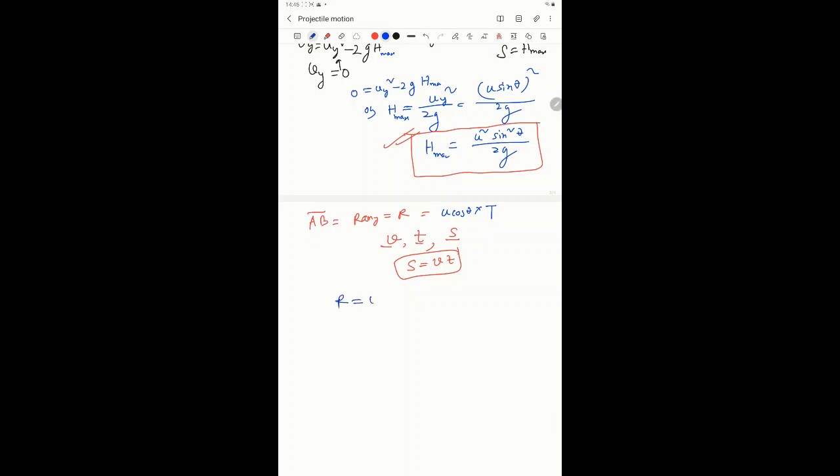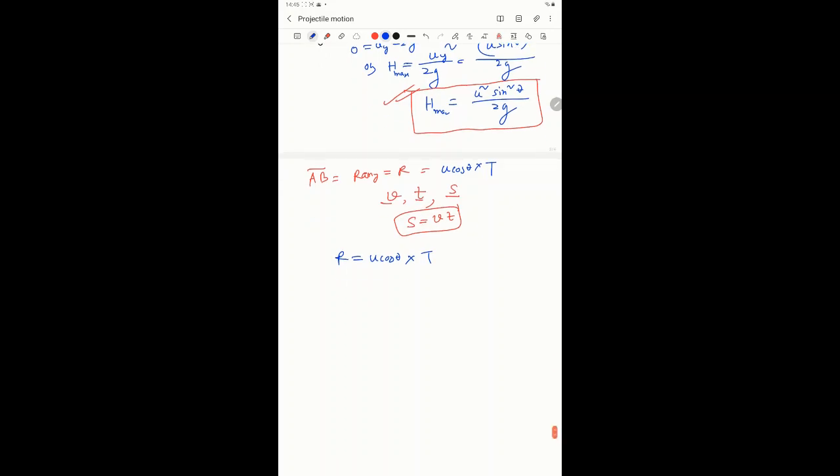The range equals u cos theta into t. Now we have to work out what t is, the value of this total traversing time.